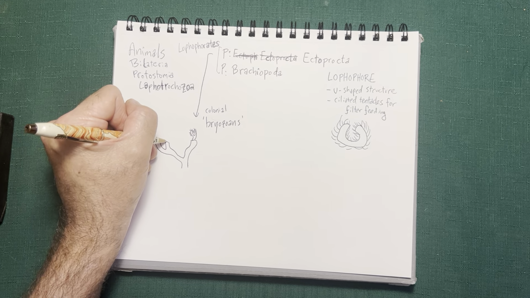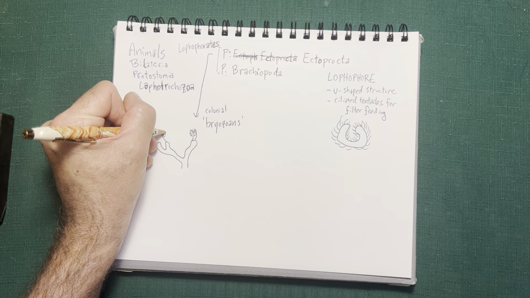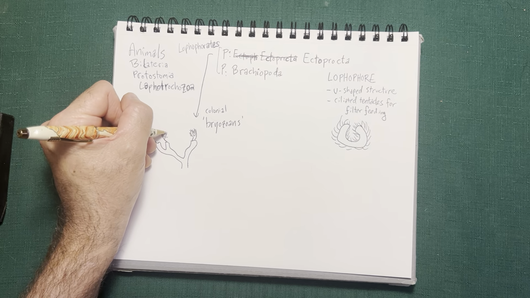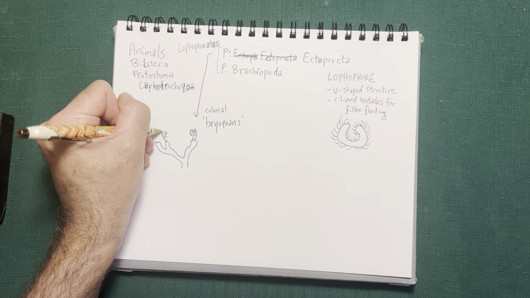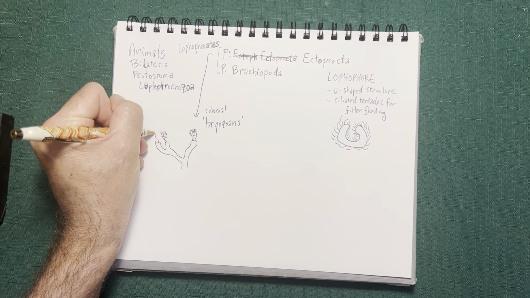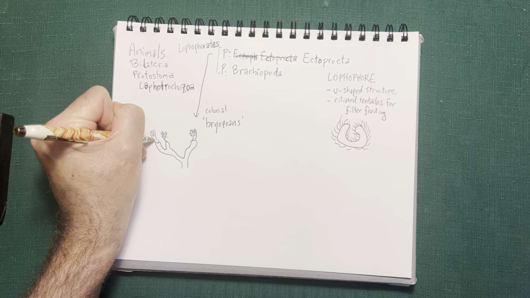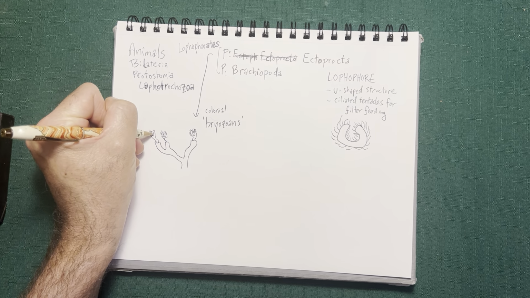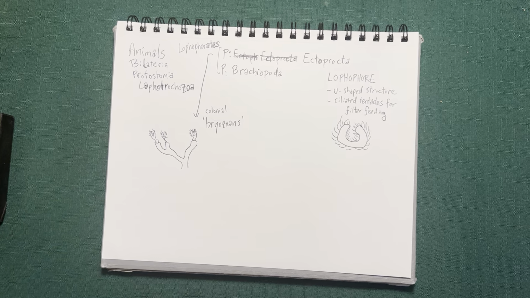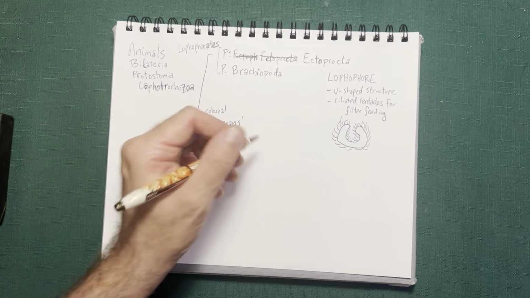And when they emerge, they stick their lophophore out. So that's what I'm depicting here. That's just a simple example of a colonial bryozoan, which is in this phylum Ectoprocta.